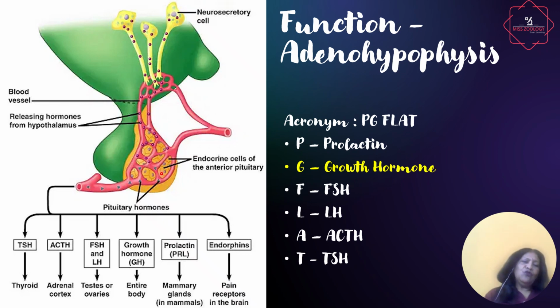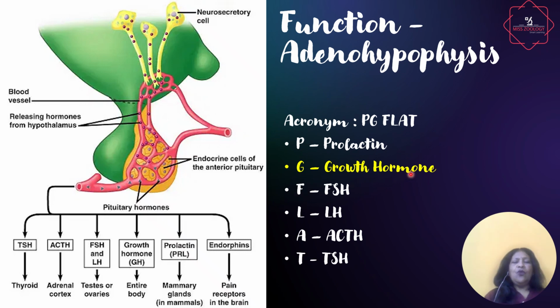All these hormones who come with the name of stimulatory or tropic hormones, they will show their effect on some other endocrine gland which is widespread in the body, when they are either secreting less or secreting more than required. So that action will indeed be taken by the hormones produced in the anterior pituitary.